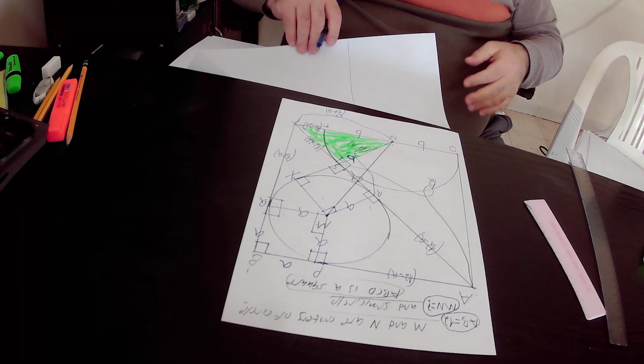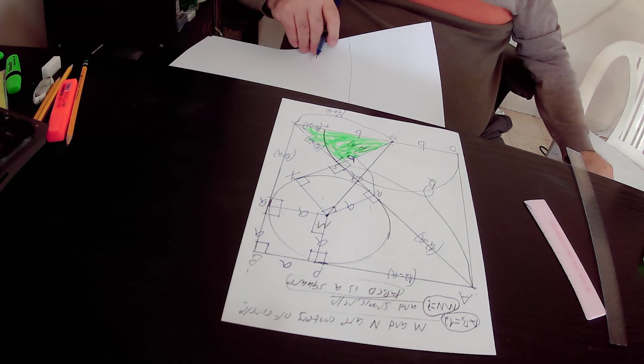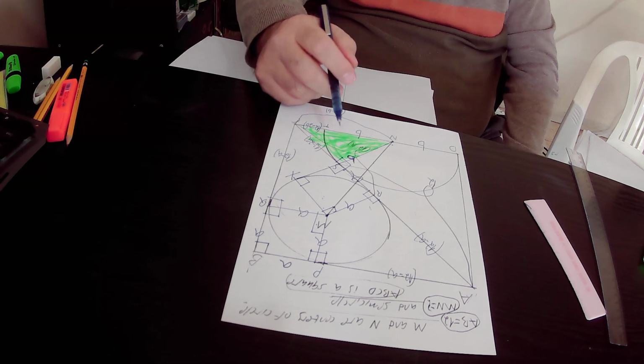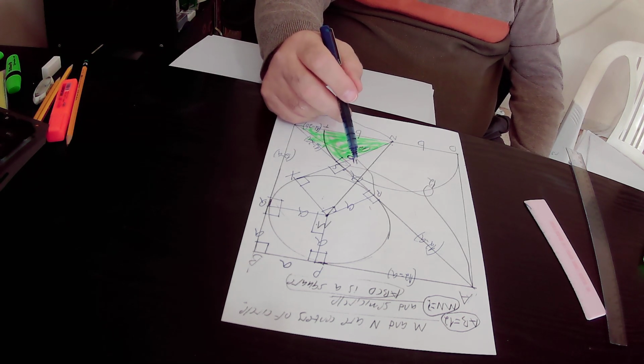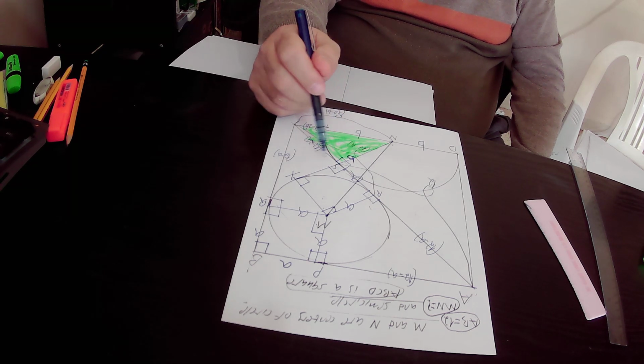And according to rule number 3, the opposite sides of a rectangle are equal to each other. So in rectangle RMSX, RM must be equal to SX.